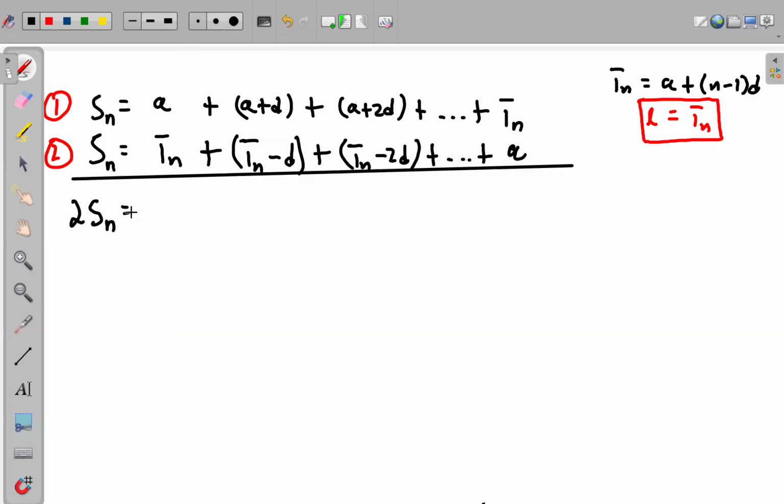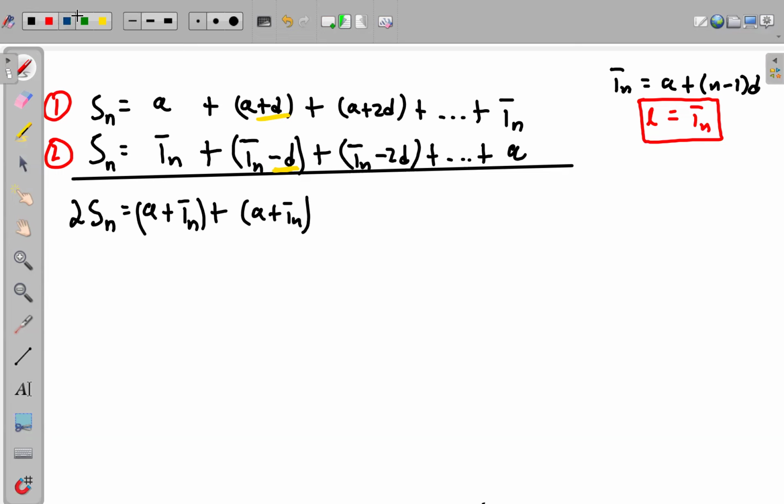We will have A plus Tn. And if I add up the second, the same thing is actually going to happen. As you notice, a negative D and a positive D, or positive D and a negative D, will obviously eliminate each other, and you will definitely be left with A plus Tn.